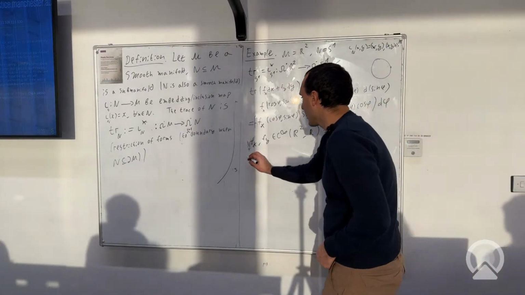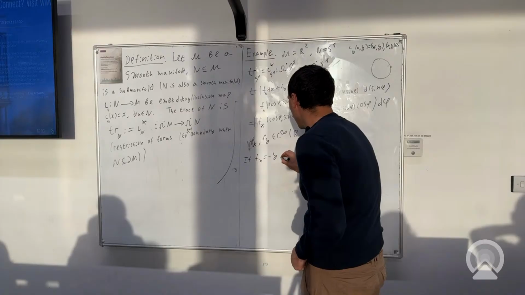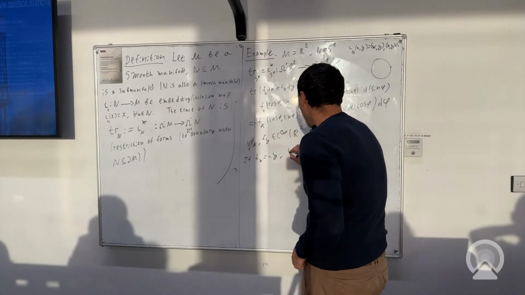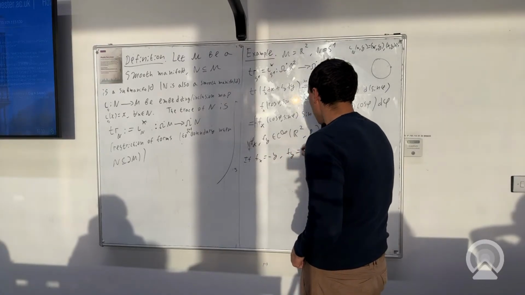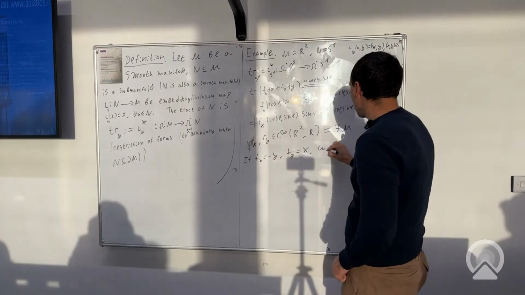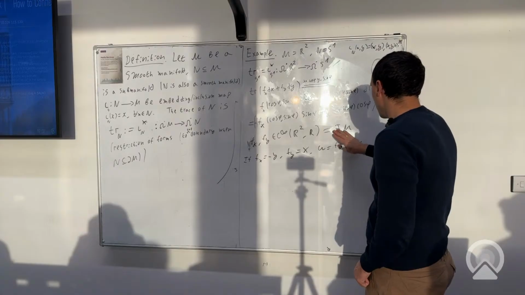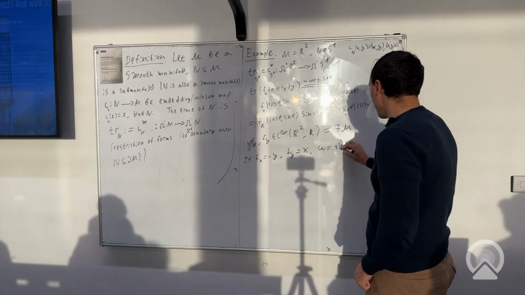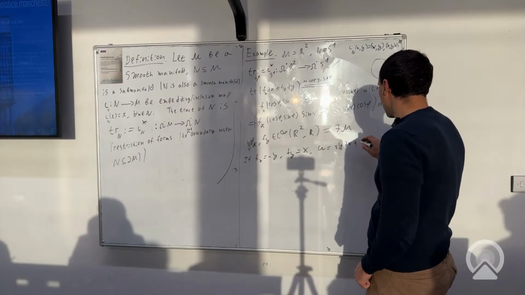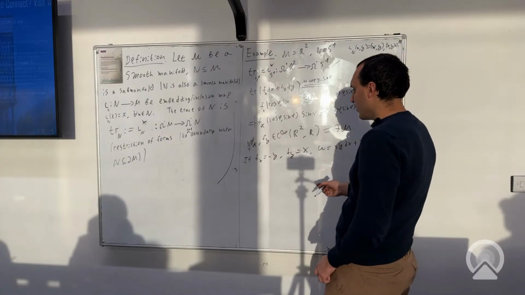Now, if fx is minus y and fy is x, omega is minus y dx plus x dy. I used this example before.